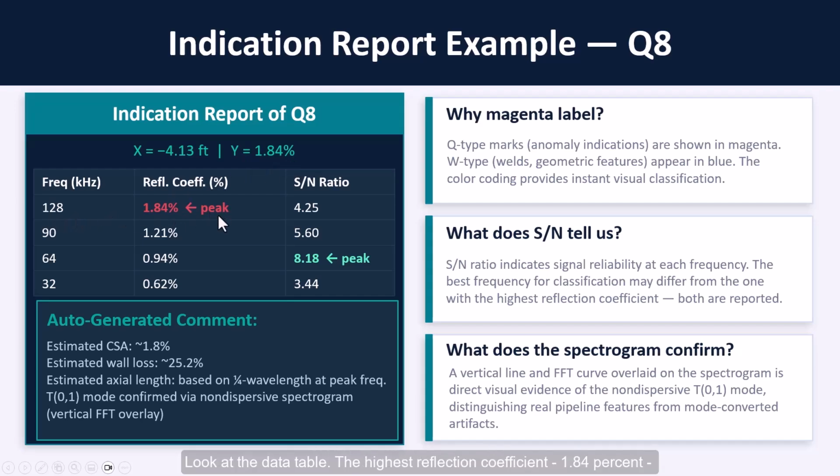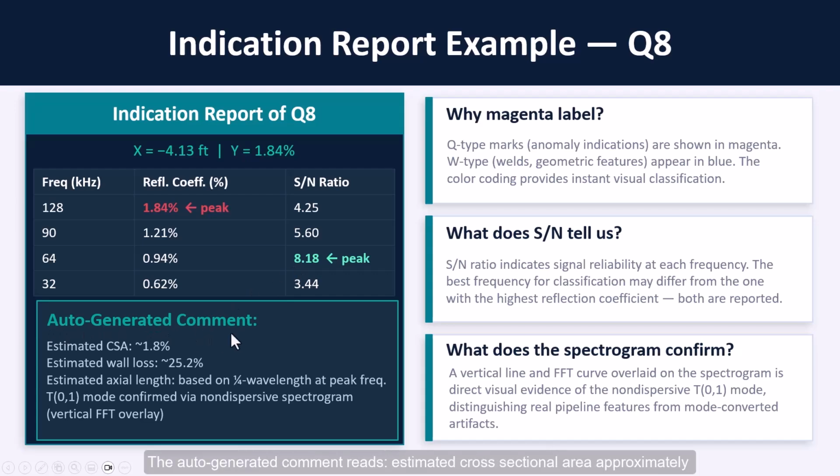Look at the data table. The highest reflection coefficient, 1.84%, is at 128 kHz and highlighted in red. The highest signal-to-noise ratio, 8.18, is at 64 kHz and highlighted in blue. These two numbers tell a different story about this indication, and the indication report captures both.